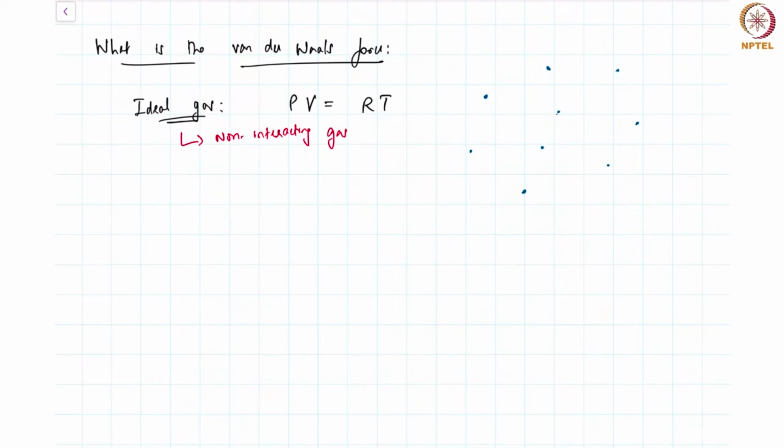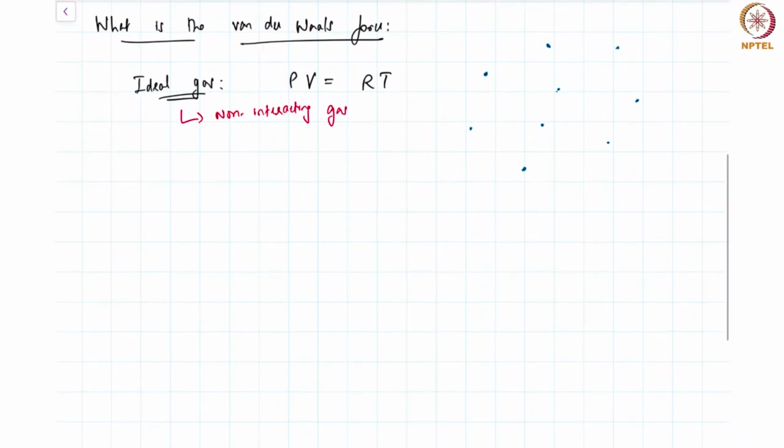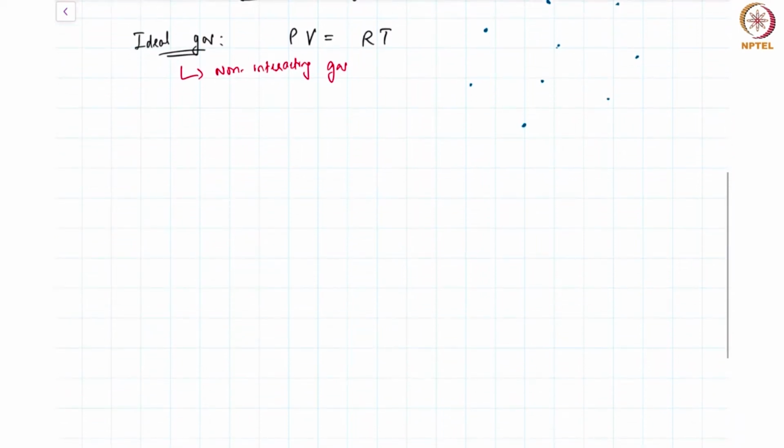But we know real gases do not behave like this. So if we were to look at a real gas, this is given by the so-called van der Waals equation of state.